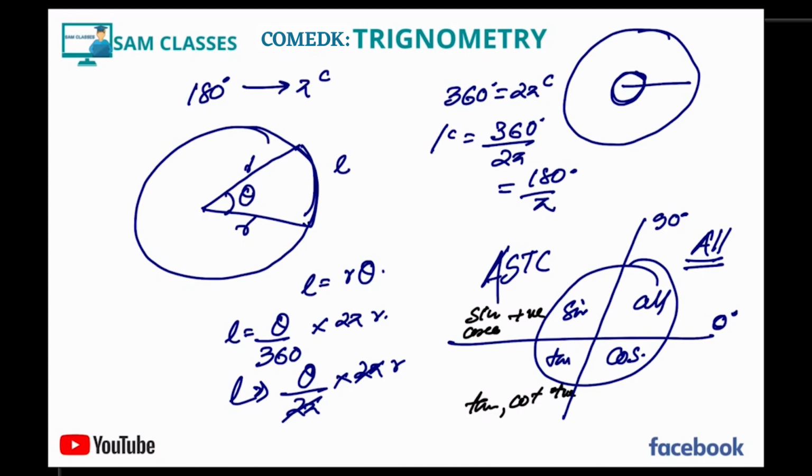Coming to the fourth, only cos and sec are positive. Clear? So you understood the concept, students? From 0 to 90 degree all values are positive, from 90 to 180 sine and cosec are positive, from 180 to 270 tan and cot, and from 270 to 12 o'clock.